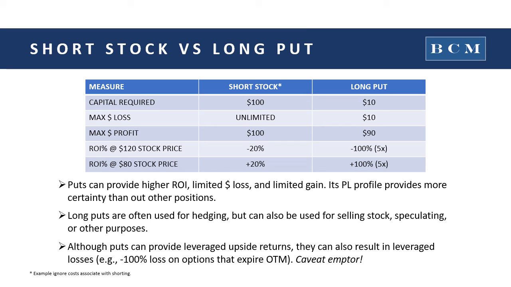So for example, if we own Amazon stock at $2,500 a share, and we're concerned that the price is going to fall, we could buy a put at, let's say, 2,400, so that if the stock price does fall below 2,400, the put will offset the losses from our stock position, right? This is called a protective put, when you buy a long put to protect a long stock position. And it's one of the most common uses of put options.